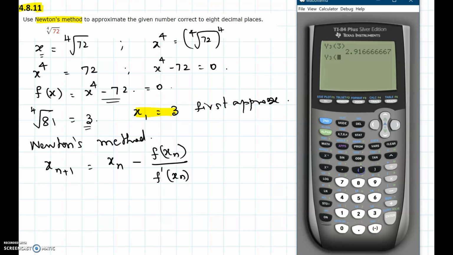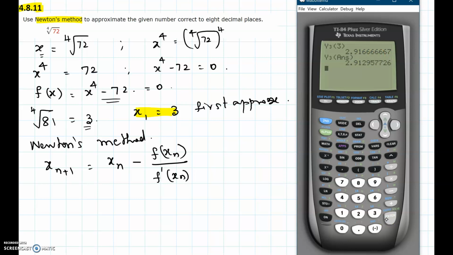Instead of plugging in 2.9166 as a long number, you input the answer from the previous line by pressing second and the negative button. Then close the parentheses. So now you are evaluating y3 at the second approximation, and what you get is the third approximation.